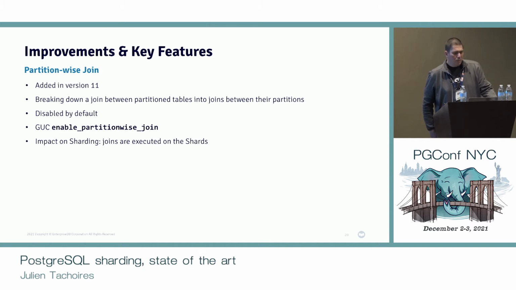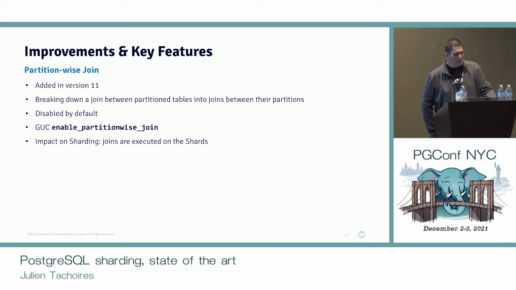About partition-wise join. The goal of partition-wise join is to break down a join between partitioned tables into joins between their partitions. This was added in version 11, and partition-wise join is disabled by default because it can use significantly more CPU time and memory during planning.